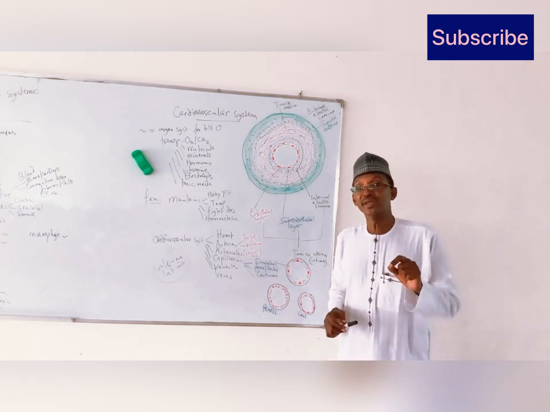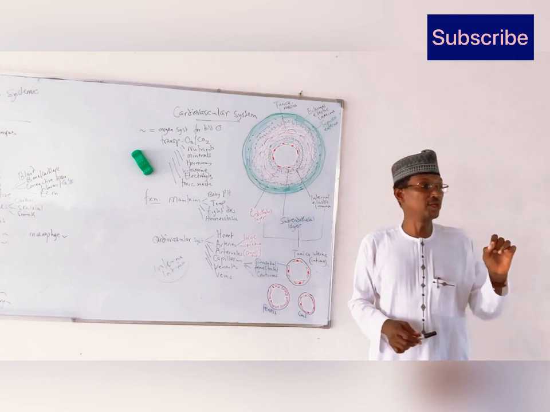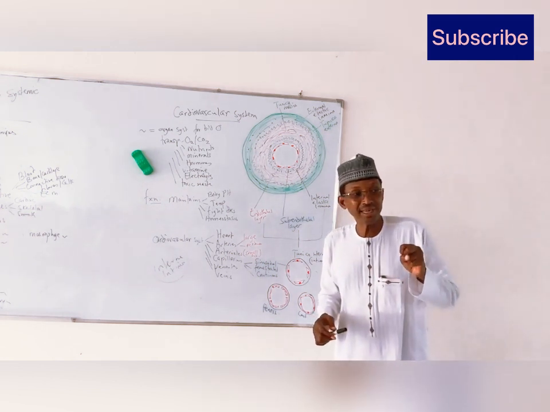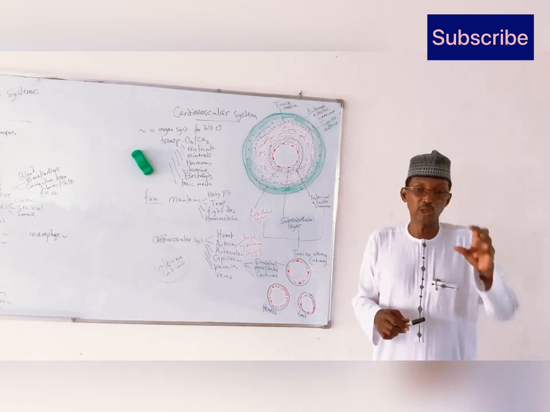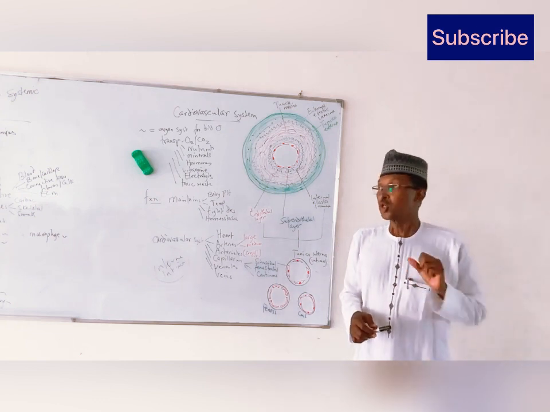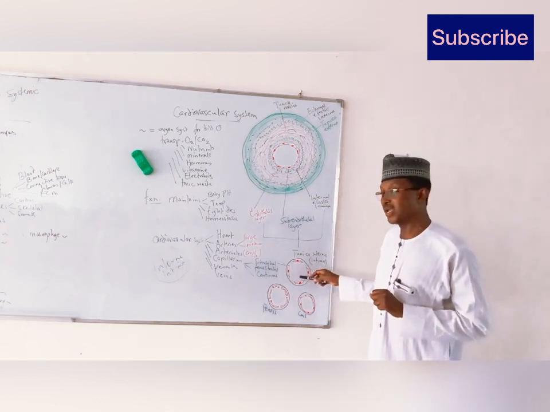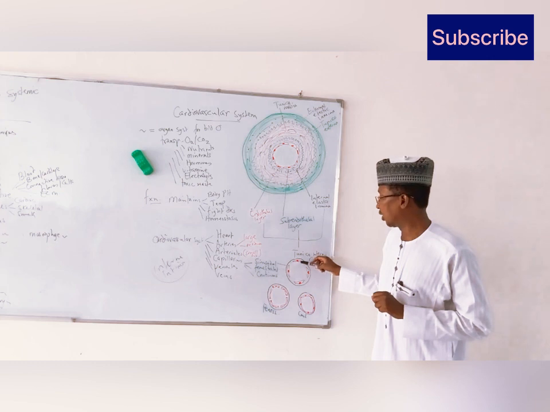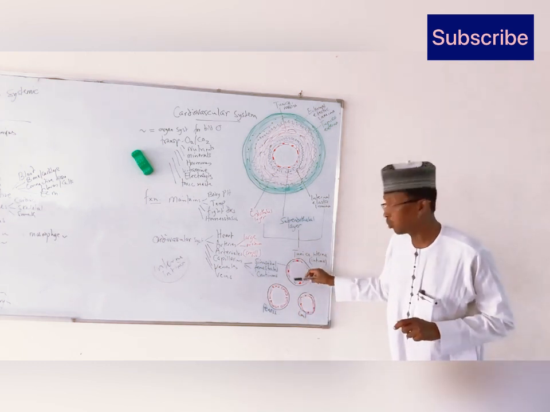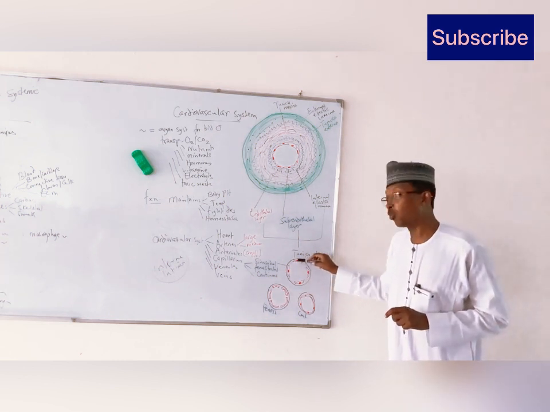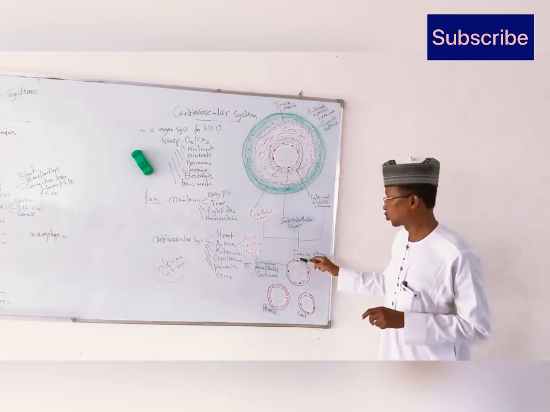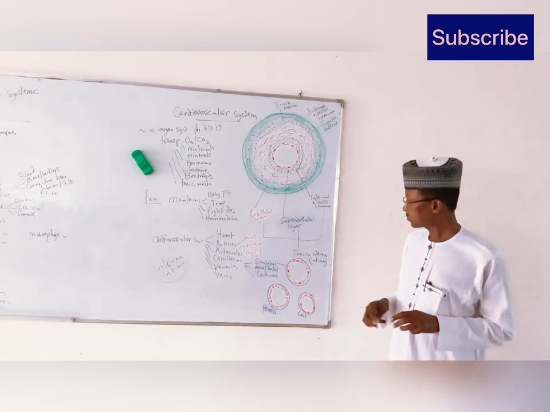Each capillary, as I told you, is made up of only two layers, because capillaries are the last vessels when we talk about the divisions of the vessels of the heart or the arteries. So these two layers include the endothelial cells and also the basement membrane, the one you have seen in blue. And the endothelial cells are the ones in red. So these are the two layers I'm talking about.